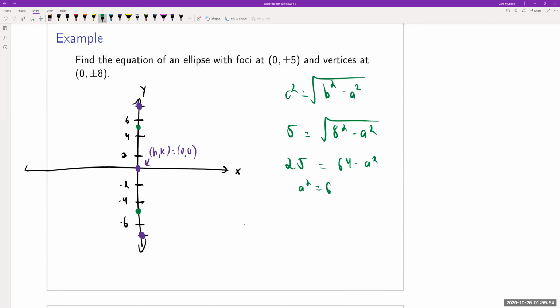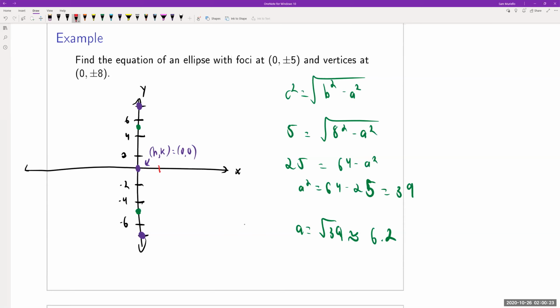A squared is 64 minus 25, which comes out to be 39. So a is the square root of 39. Should be a little bit more than 6. I got 6.2. So we can plug that in this way.